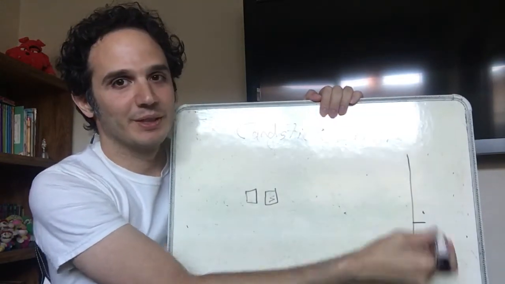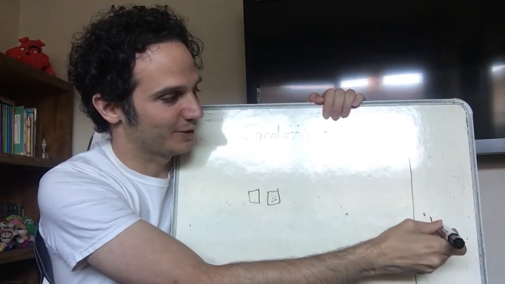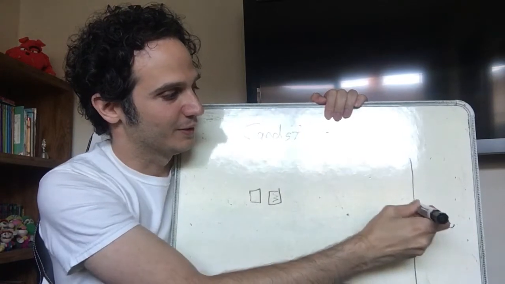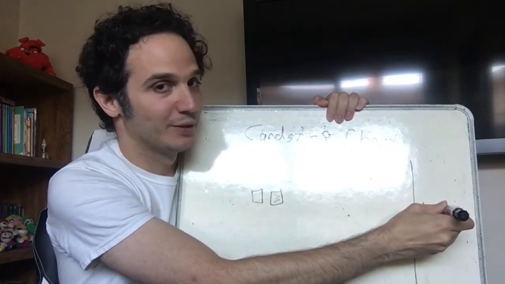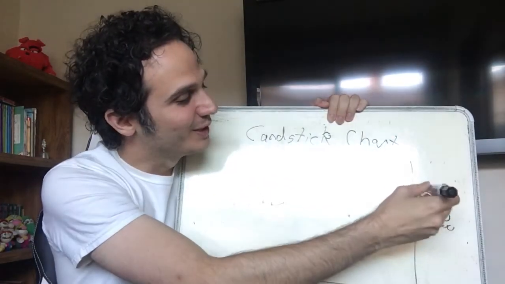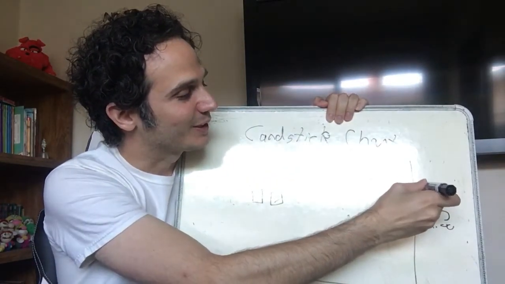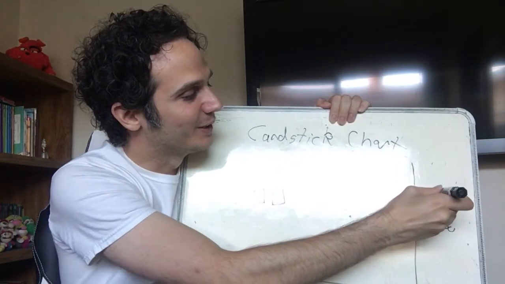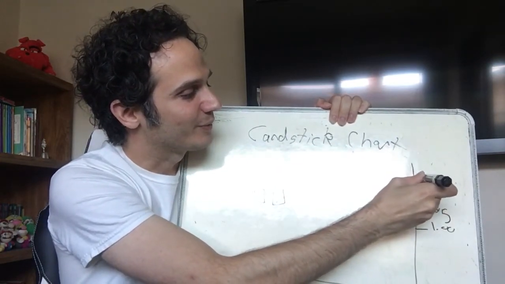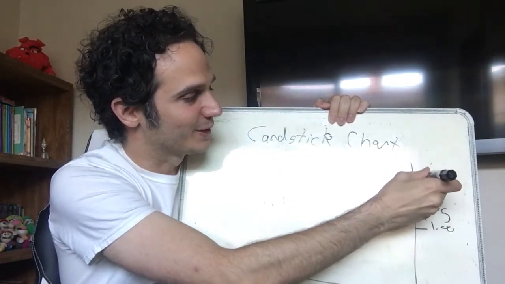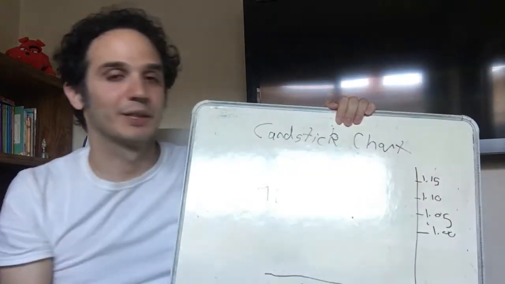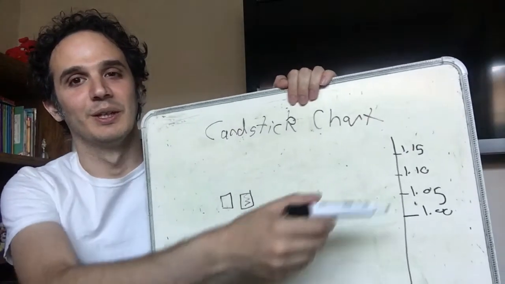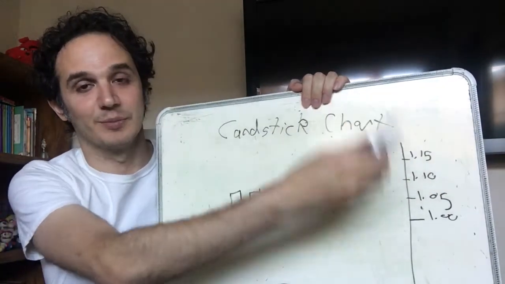So maybe here we have like $100, and then here like 105, and then like 110. So you'll see something like that for looking at a candlestick chart. So this is the price.